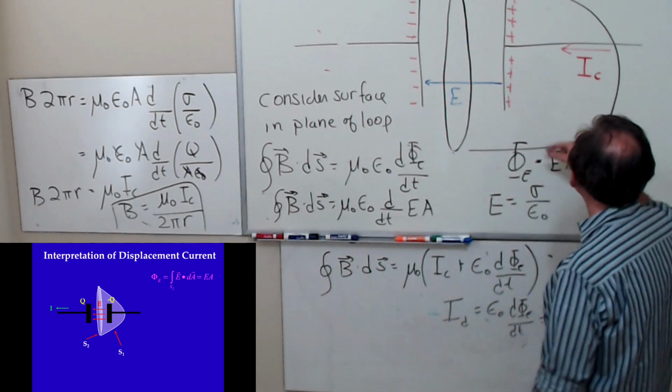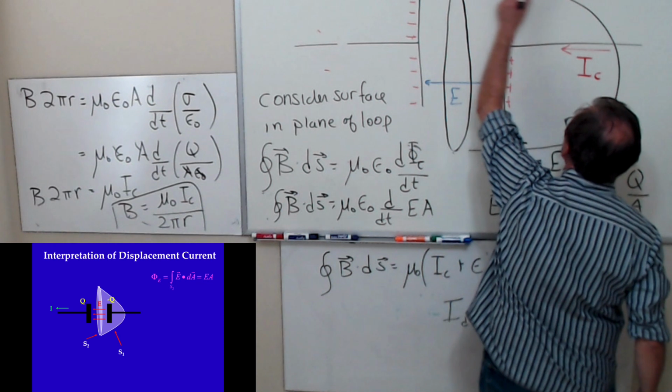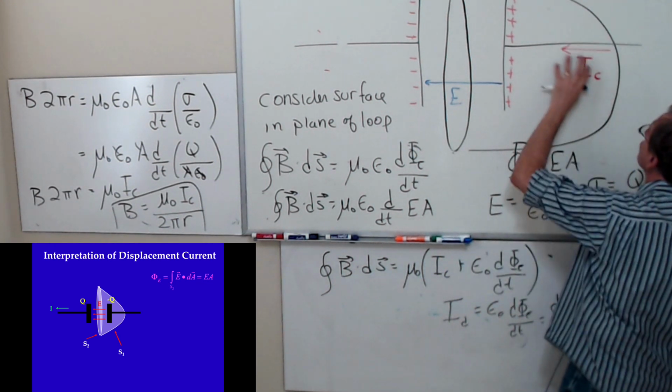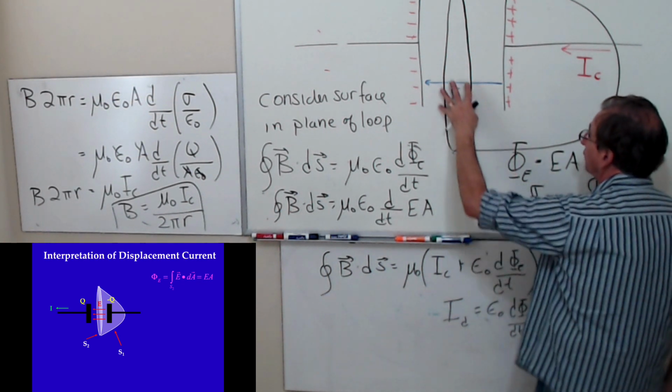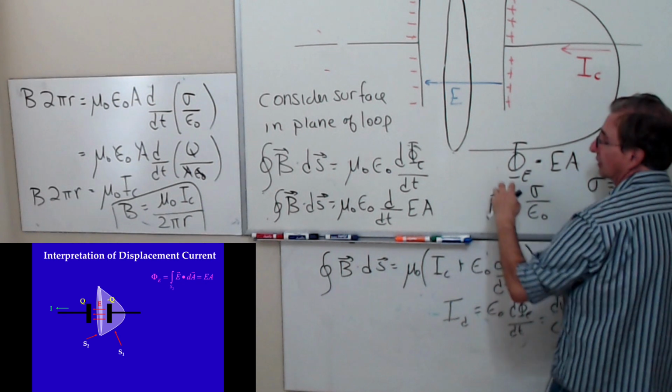What if I choose this surface instead? Then this term is 0 because there is no electric field here. The electric field between the plates is sigma over epsilon naught, but outside it's 0.